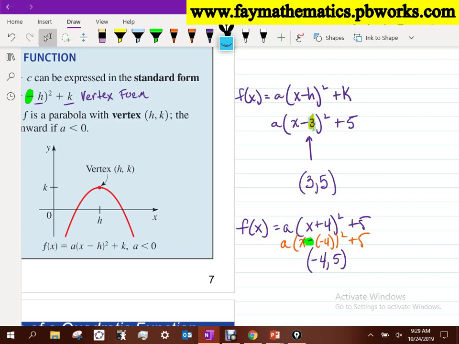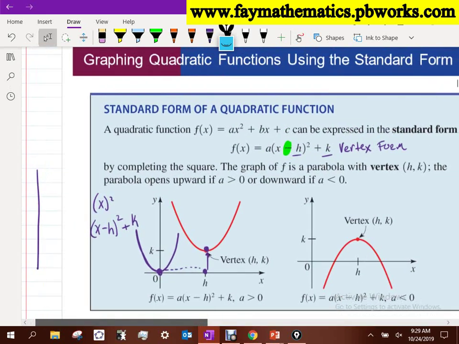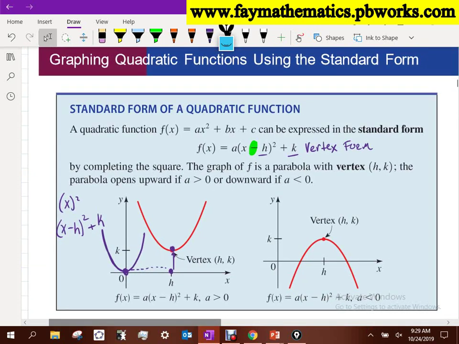Now the rest of this blue box talks about the a value out in front. So this a value right there, or that one right there, which they're going to be the same.